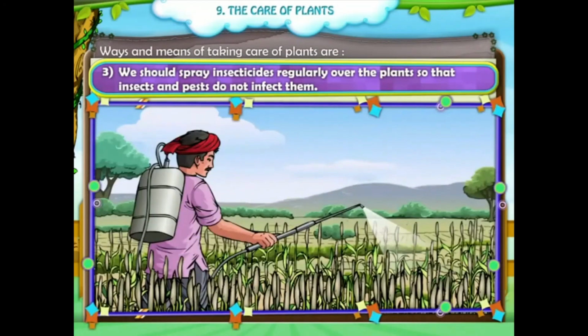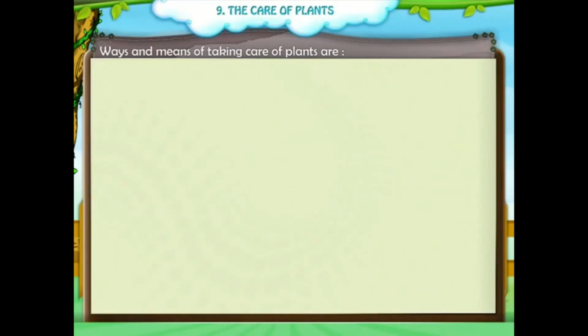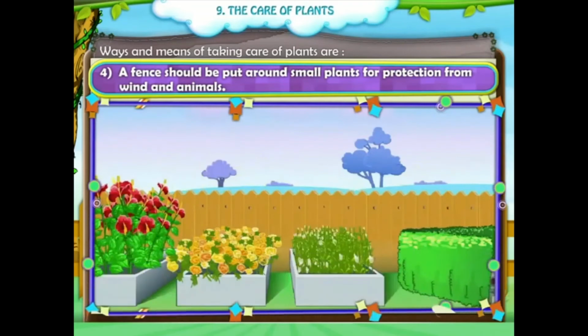We should spray insecticides regularly over the plants so that insects and pests do not infect them. 4. A fence should be put around small plants for protection from wind and animals.